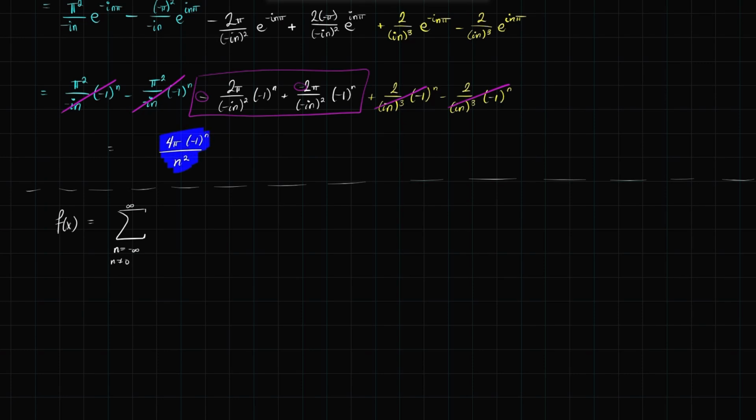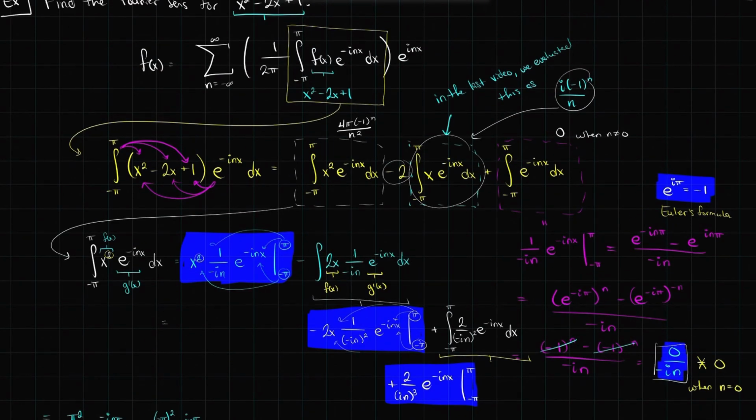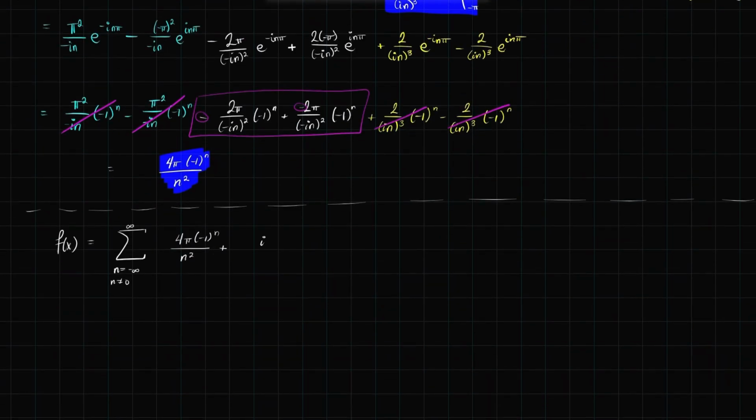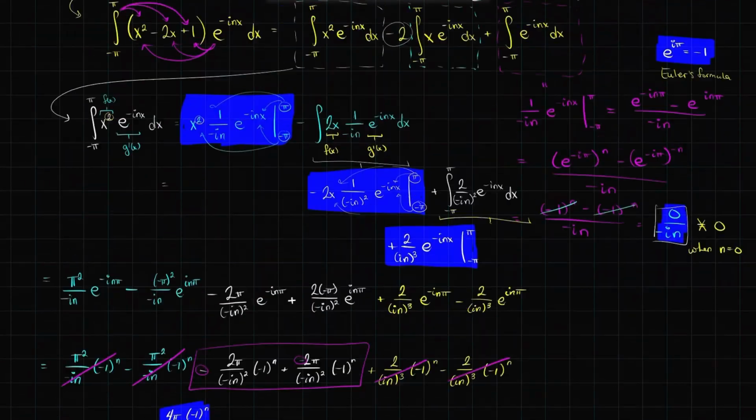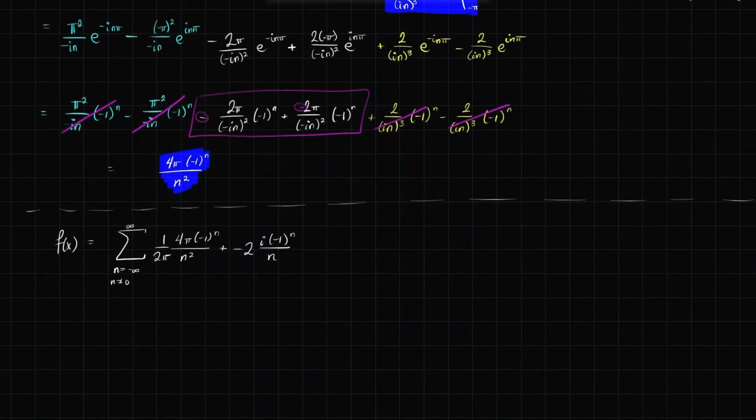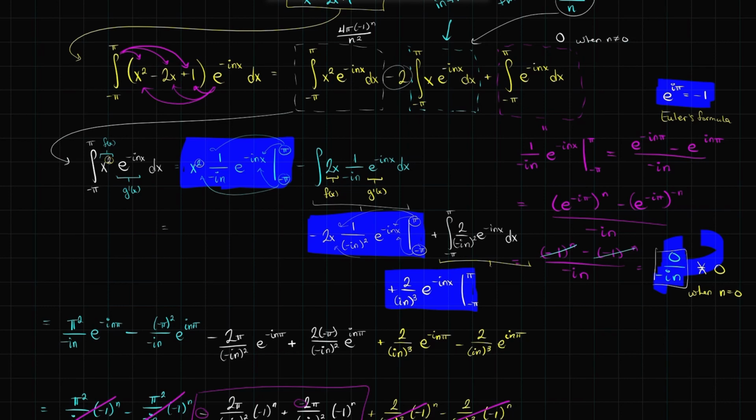So this is 4 pi times negative 1 to the n divided by n squared, plus the case here, which was i times negative 1 to the n over n times negative 2. And in fact, this term needs the 1 over 2 pi on it, coming from that. However, this one from our previous video already included the 1 over 2 pi in it. And then the final term is equal to 0 so long as n is not equal to 0.